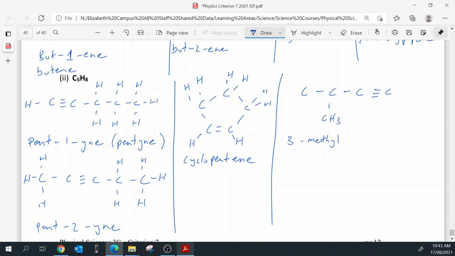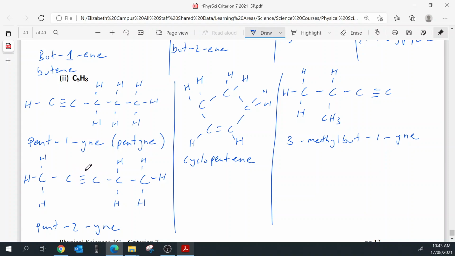And then it's going to be but-1-yne. Okay. And that's the only one we can really do. We do need to remember to put in our H's, so it's easy to get lazy, isn't it?